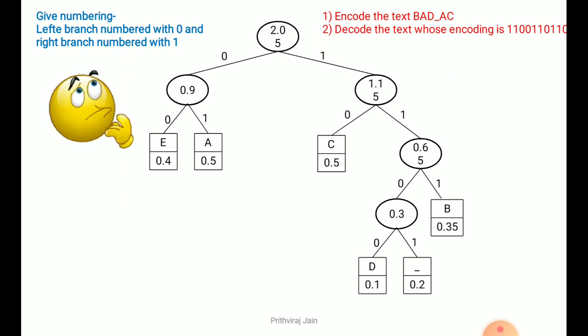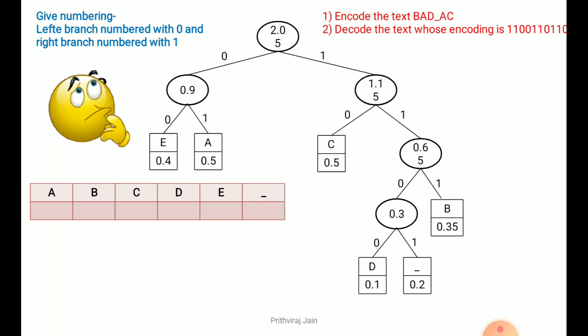Now we don't know what B, A, D and the others are, so we have to record the encoding for the individual characters. For A, we record the path from the root to the leaf node, and one thing we can observe is that all the leaf nodes are the characters.